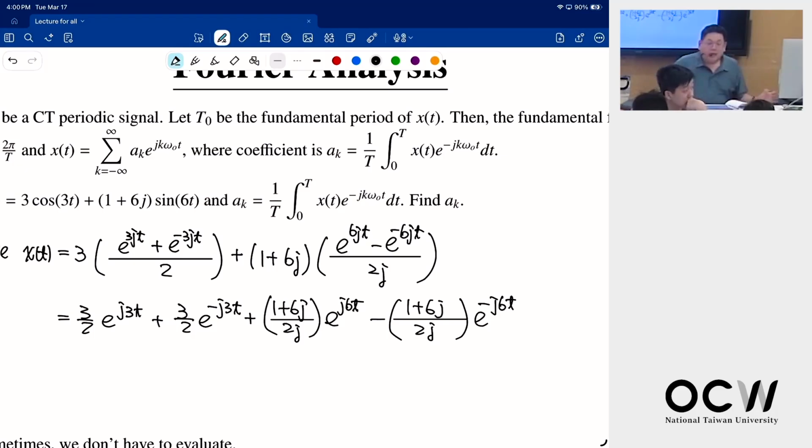And this is already a linear combination of your complex exponentials, right?